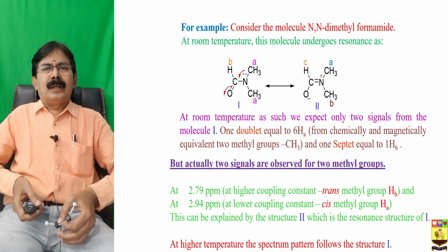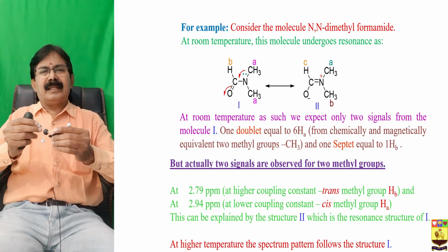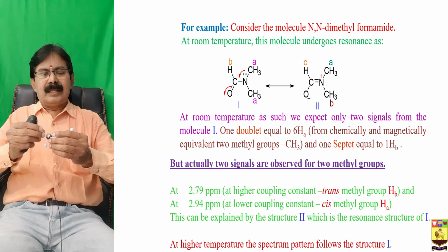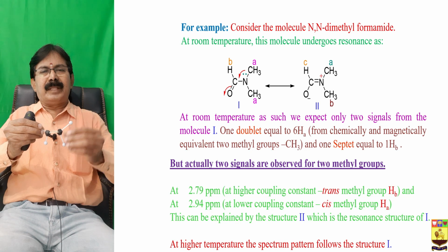But actually 2 signals are observed for the 2 methyl groups, because of the restricted rotation. Here we have the HC, next to the oxygen, and the 2 methyl groups.